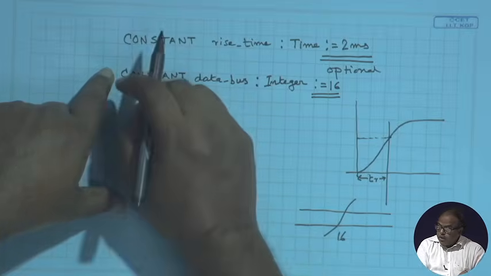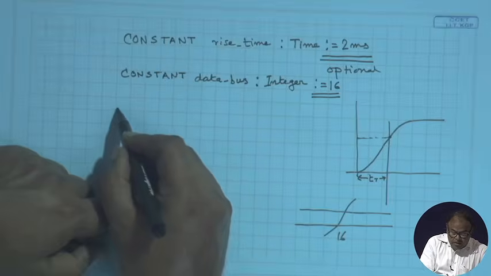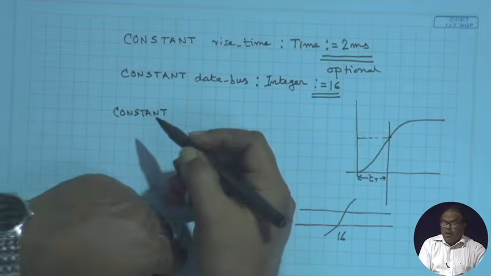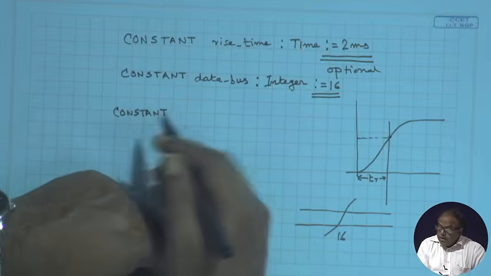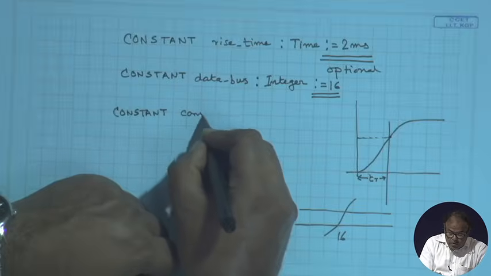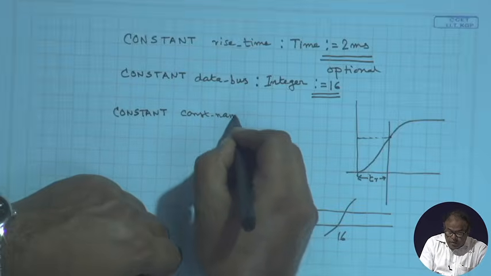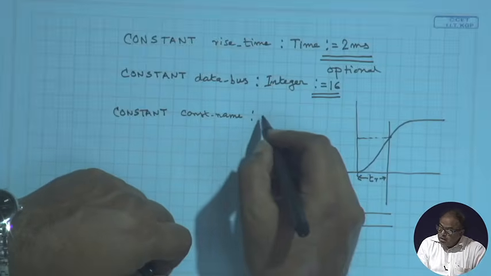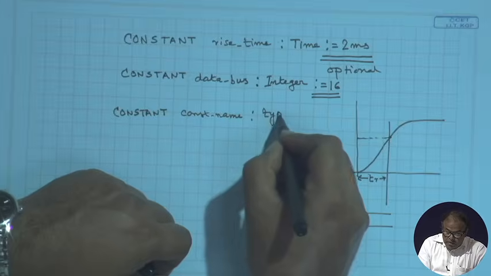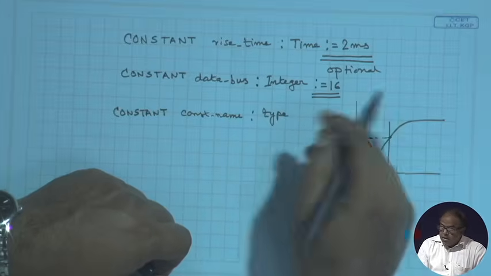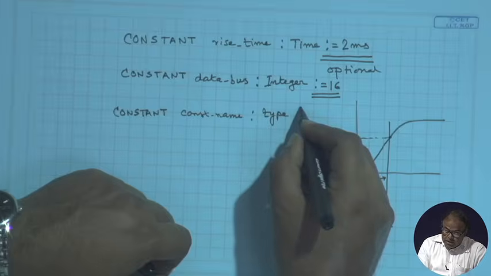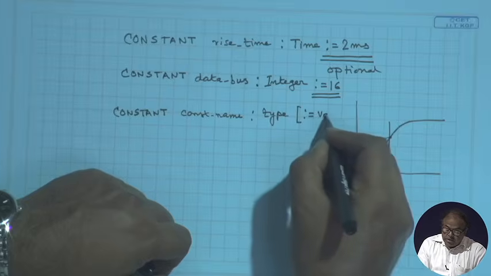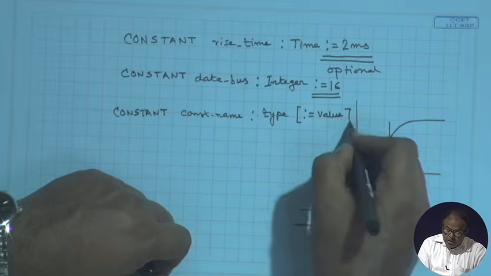All right. So in general, a constant will have the reserved word constant, then the constant name, whatever name you want to put over there, colon, the type, that is the data type, and then this part is optional, that you can initialize it, just like in the C language, you can optionally initialize it.